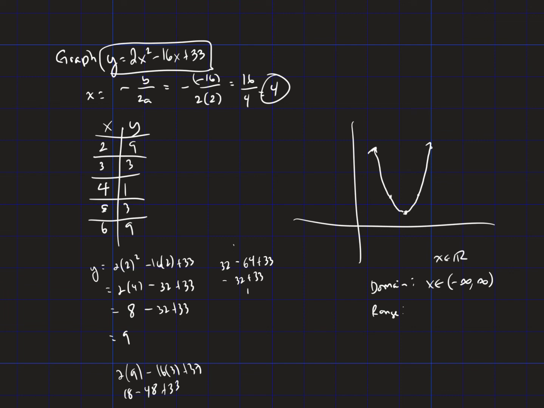So if you look at the vertex of this parabola, it's (4, 1). So my minimum value here, because the parabola opens upward, is 1. So my range is all the y values that are bigger than 1. So it's going to start at 1 and go to infinity. I have an absolute minimum of 1, and there's no absolute max.